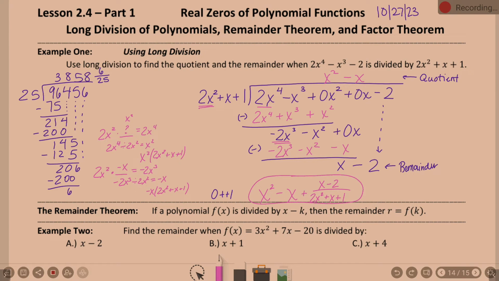How do you know to add it? Add it because my top term, just x minus 2, starts with a positive there. If you had, just like a remainder of negative 2, you could say minus 2 over the 2x squared plus x plus 1. So if you just had a negative remainder, you could say minus.